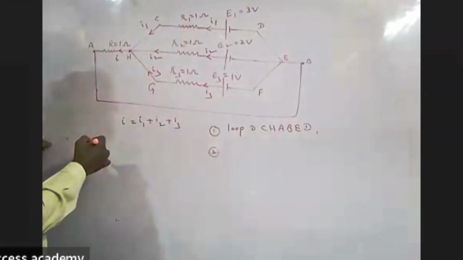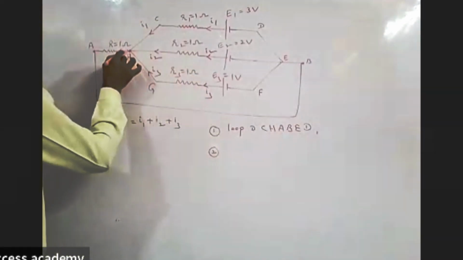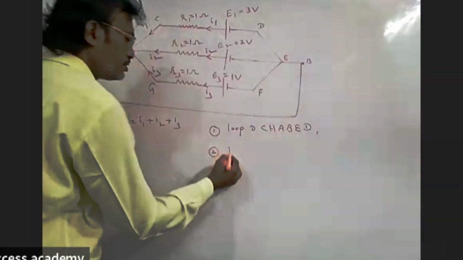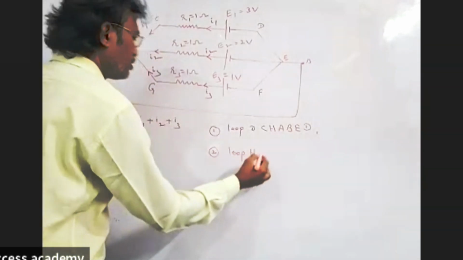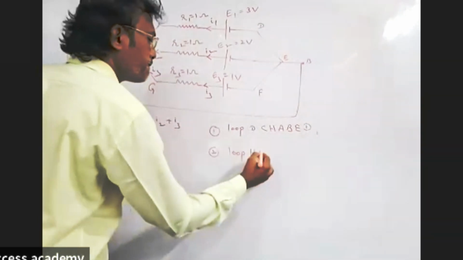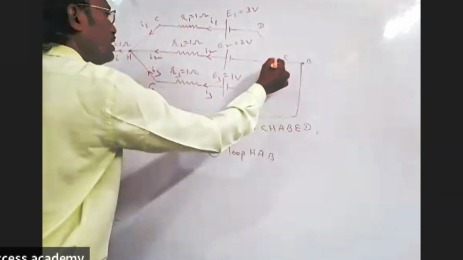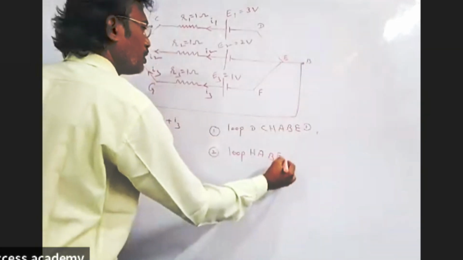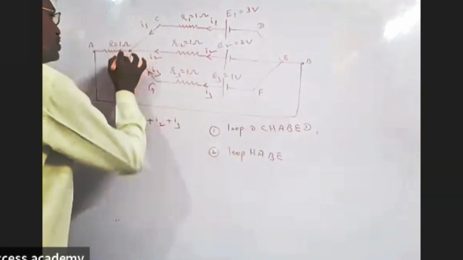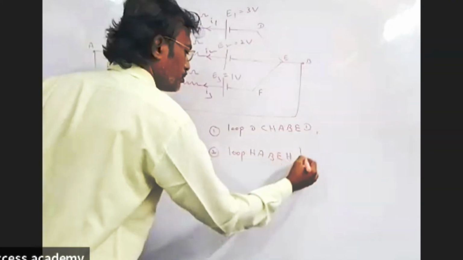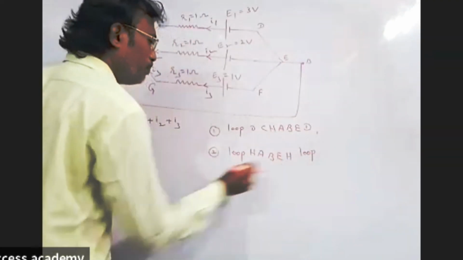And the second loop starts from H like this: H, A, B, and E, H. That is the second loop.